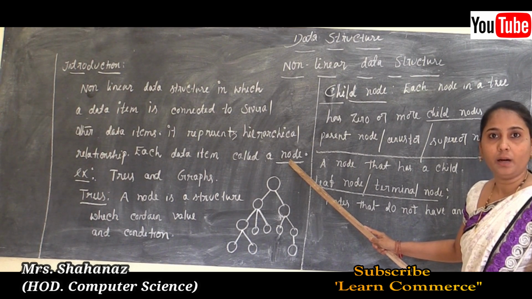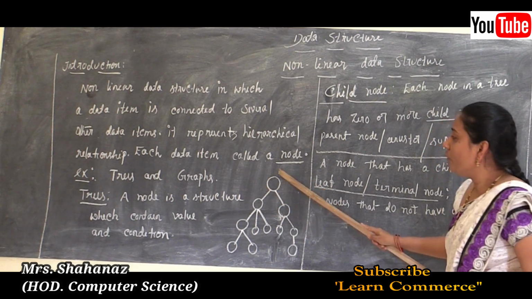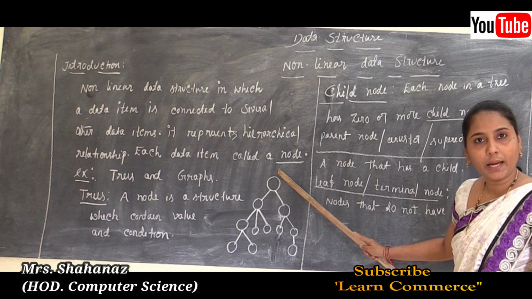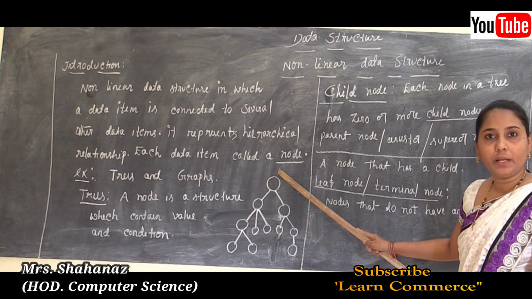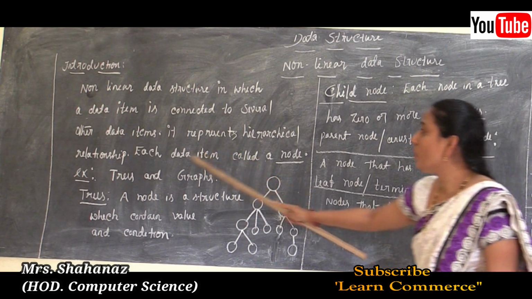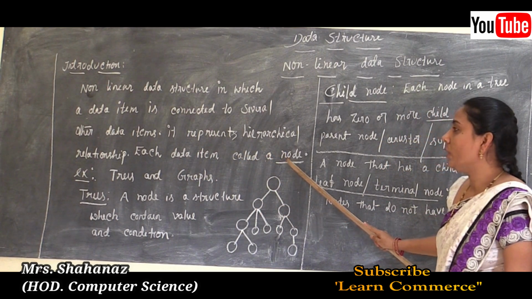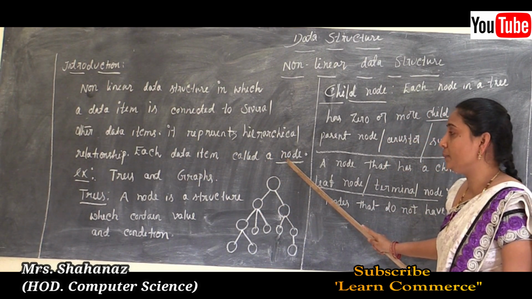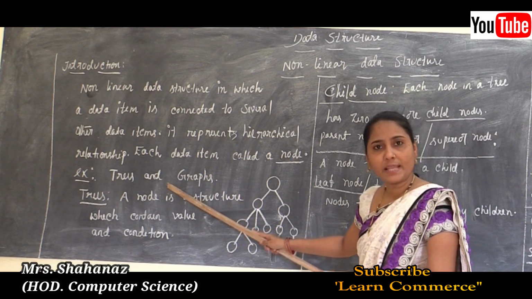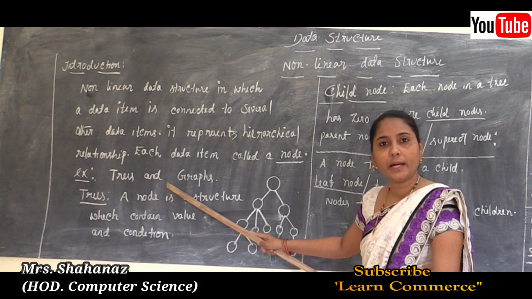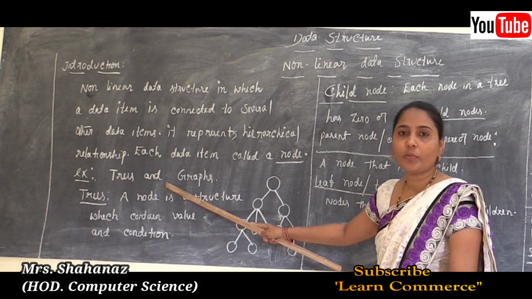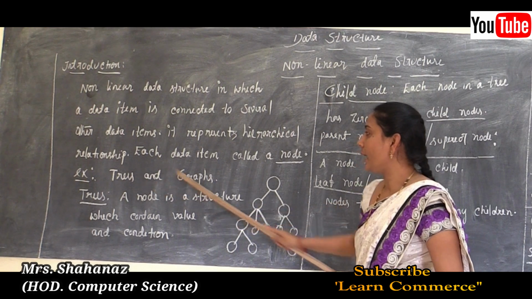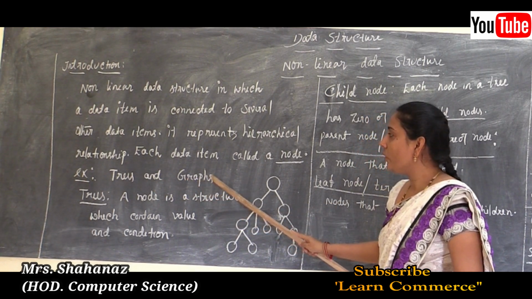Whether we use the word data item or node, everything is the same here. The good examples for non-linear data structures are trees and graphs.